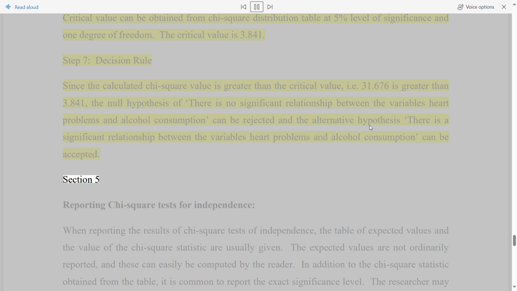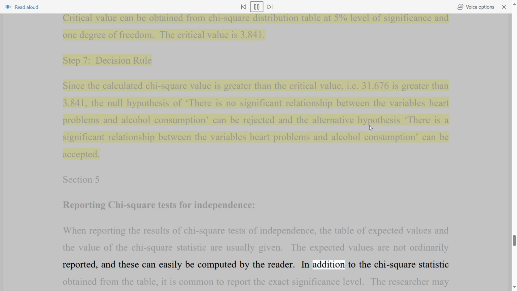Section 5. Reporting chi-square tests for independence. When reporting the results of chi-square tests of independence, the table of expected values and the value of the chi-square statistic are usually given. The expected values are not ordinarily reported, and these can easily be computed by the reader.